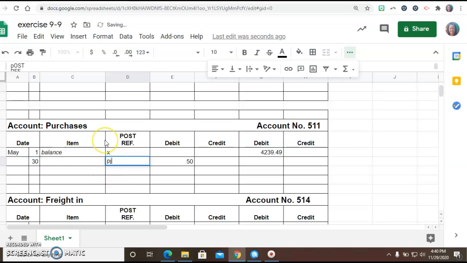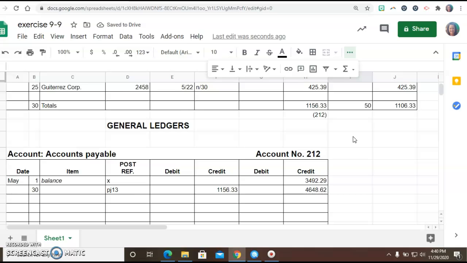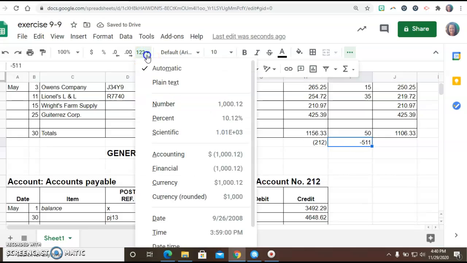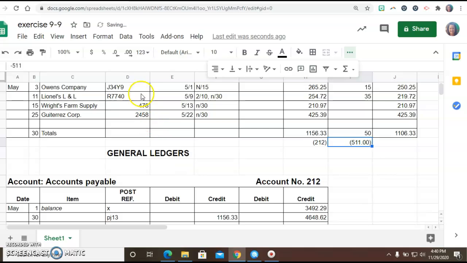This is Purchases Journal, so PJ 13. We're debiting a debit, so we add. And then we're going to come back here. Notice this is account 511. So underneath this column, we're going to put in that 511 to indicate that we posted it.